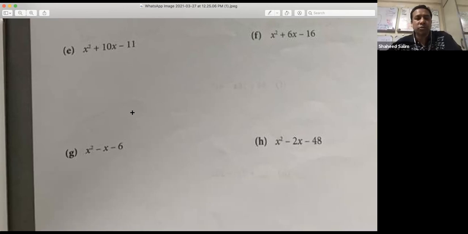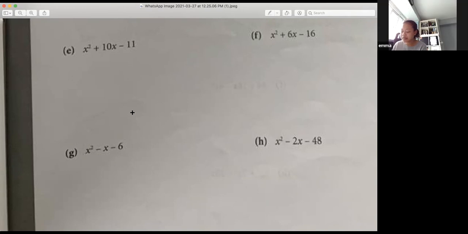Or is it x minus 3, x plus 2? Which one do you prefer? Oh, x minus 3.